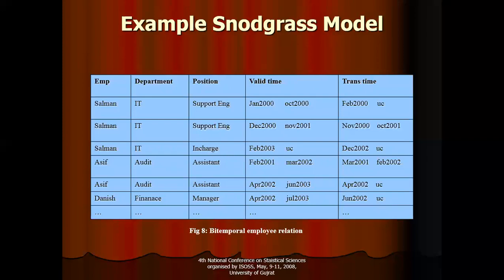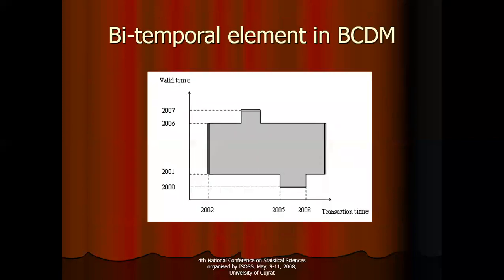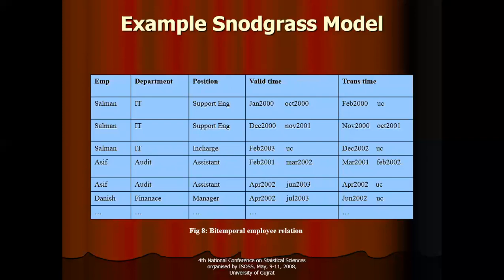It means the interval is not closed. So he introduced the concept of until changed. You can see that we have both the intervals available, valid time and transaction time. It can be equal, it can be different, depending on how you want to represent it. That is the concept of the Snodgrass model.